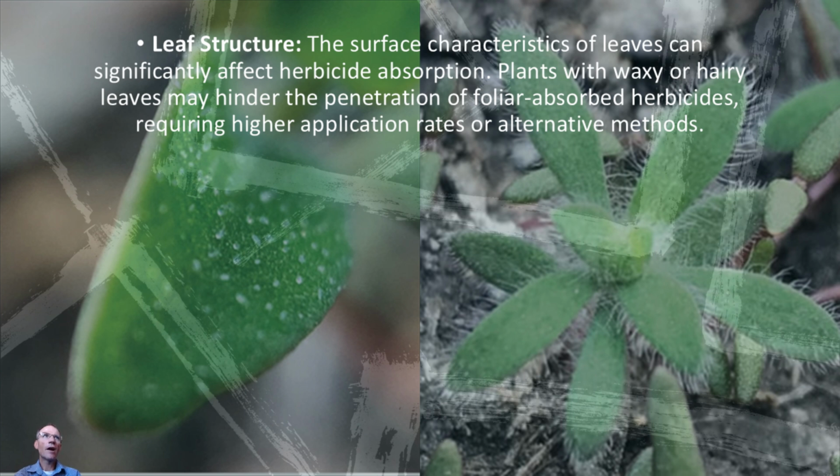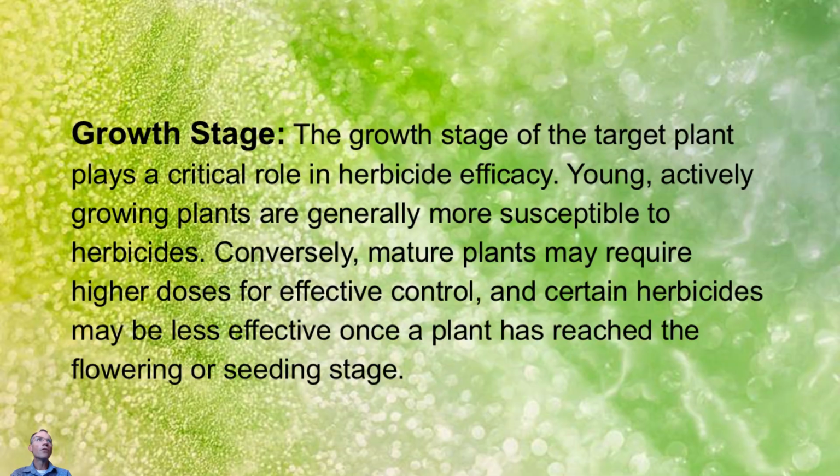Plants with waxy or hairy leaves may hinder the penetration of foliar-absorbed herbicides, requiring higher application rates or alternative methods. Growth stage. The growth stage of the target plant plays a critical role in herbicide efficacy. Young, actively growing plants are generally more susceptible to herbicides. Conversely, mature plants may require higher doses for effective control, and certain herbicides may be less effective once a plant has reached the flowering or seeding stage.